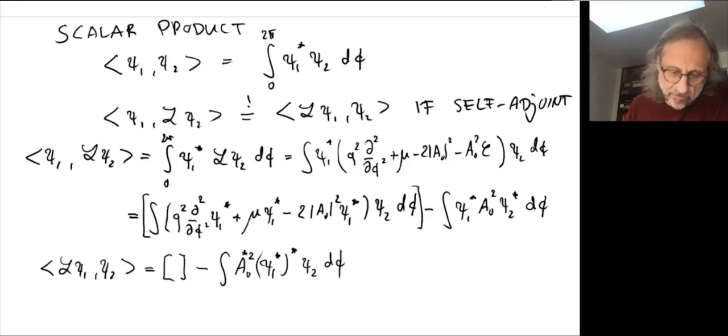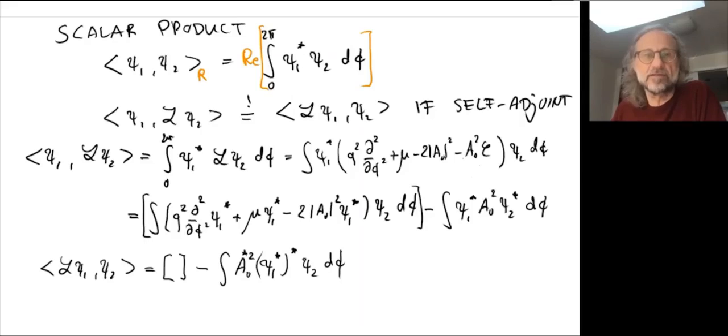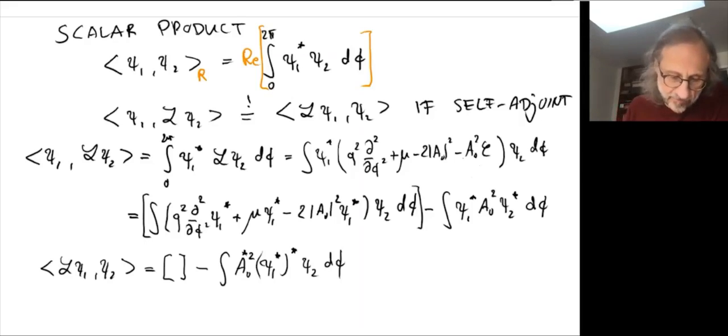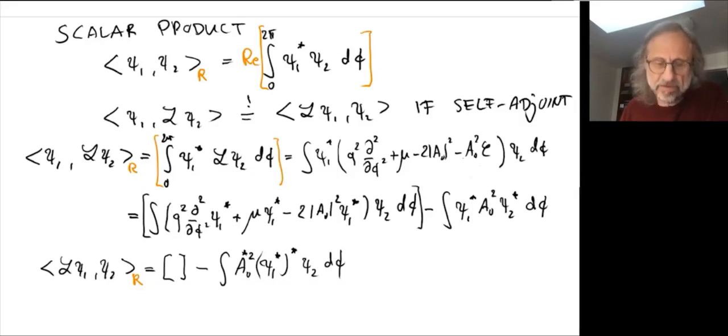If I call it R, and I take the real part of this whole thing, you can check that it still satisfies the condition for a scalar product. And so if I take this new scalar product, I have to now take the real part of that. Let me just make golden brackets for real parts so we don't have to write everything again.